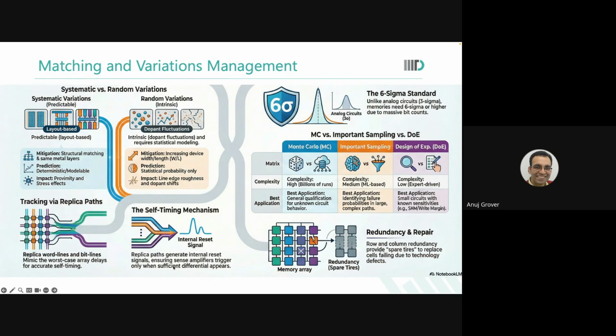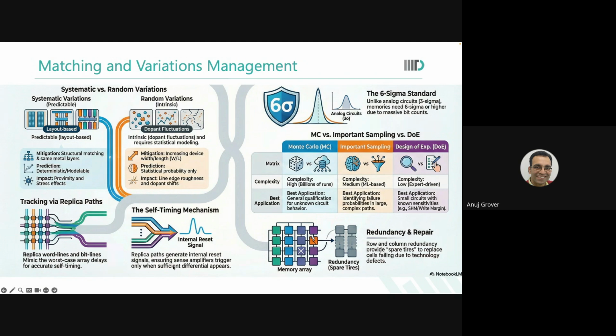Replica, essentially the word means that I will try to emulate, copy the same behavior as the real memory cell has. Depending on what kind of margins you have in other parts of the design, this may be the worst case, this may be a little better than the worst case, or this might require to be a little worse than the worst case.